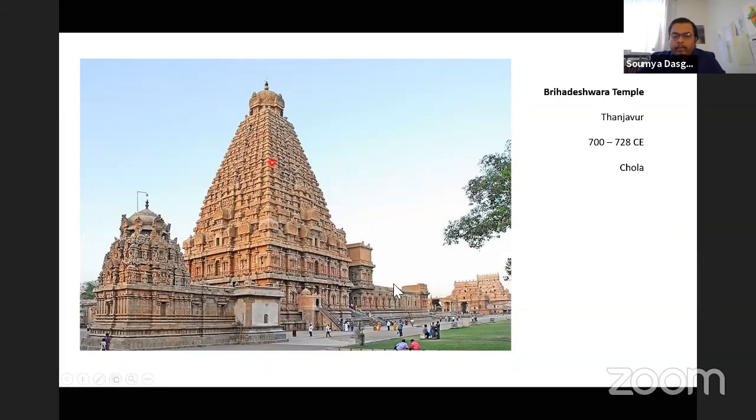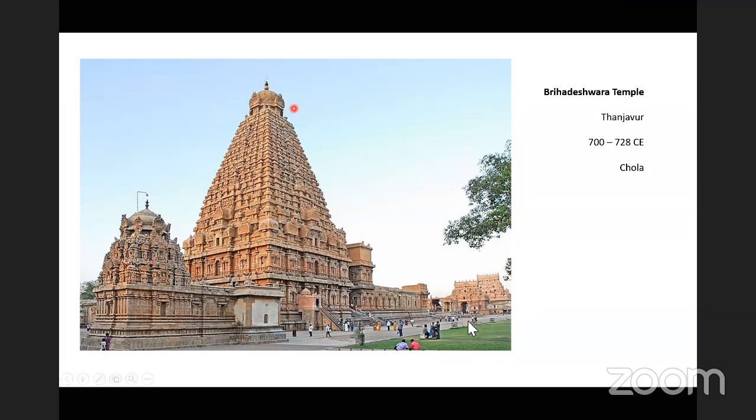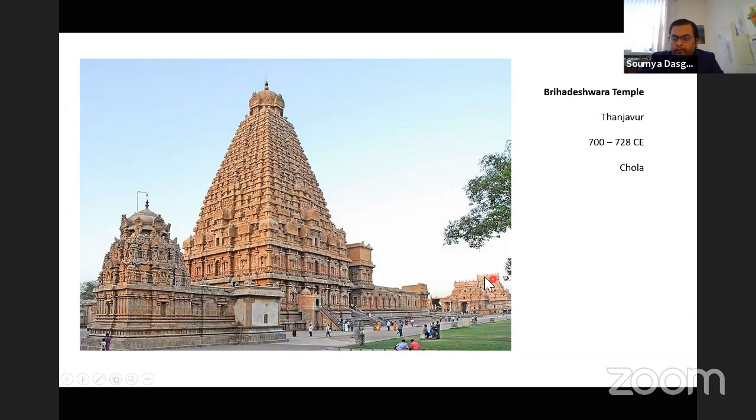And it's a linear rectangular form. These structures on the right side of your screen, where my pointer is right now, are the gateways. And these gateways are mostly known as gopuram. The way to identify which one is the gateway and which one is the main superstructure, the easy clue is to look at their top. So when you see a barrel vaulted top, chances are these are the gateways or the gopurams.